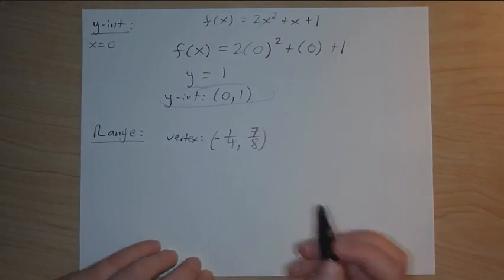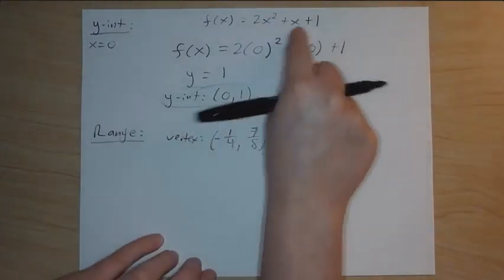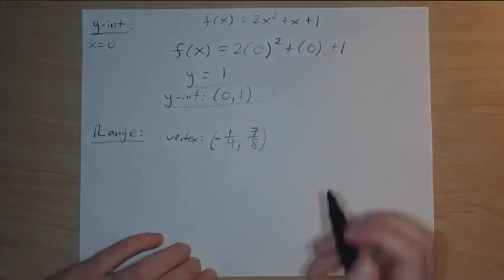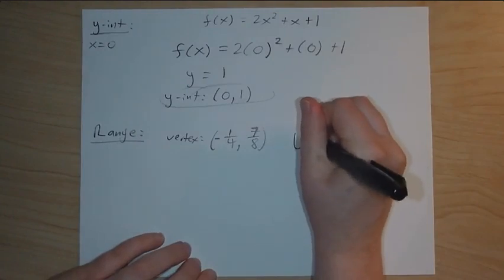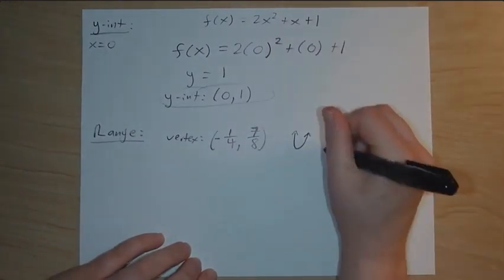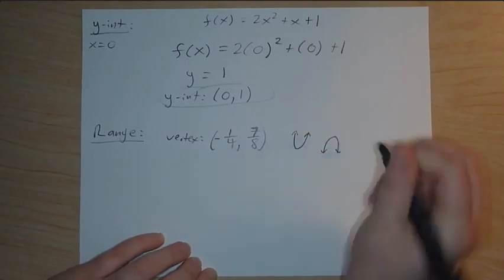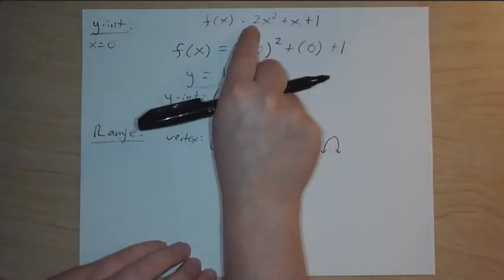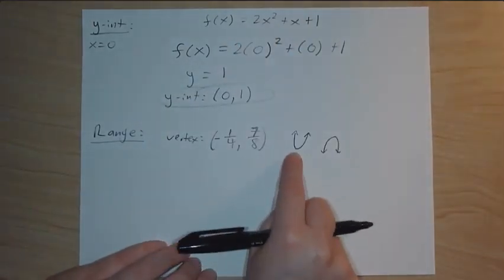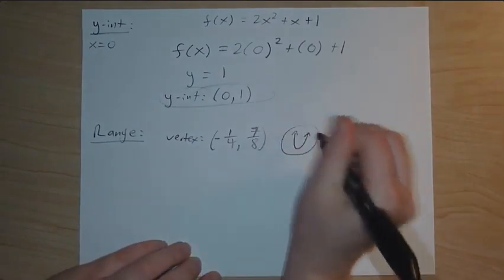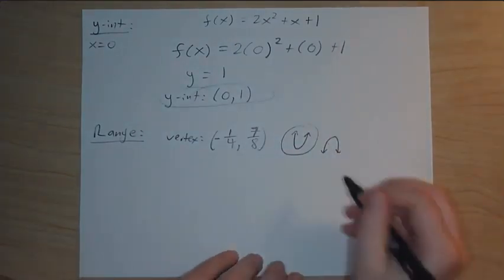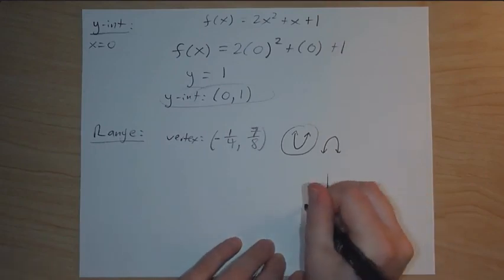Okay, and if you graph this, you'll notice that it's going to be a parabola. Parabolas have two forms. If they're positive, they open upwards. If they are negative, they open downwards. Because there is no negative in front of this first term, we know that it's positive, so it opens upwards, which means we can sketch a little bit of a graph.